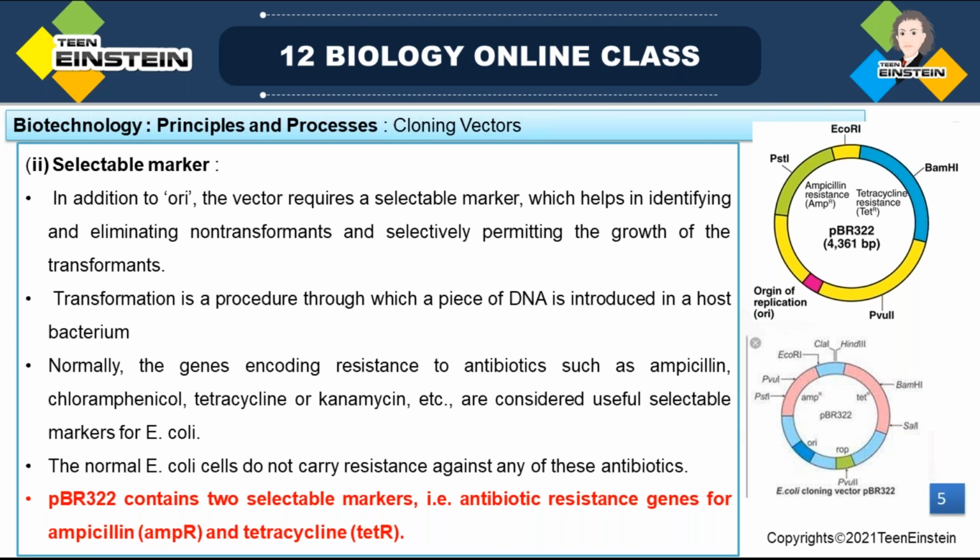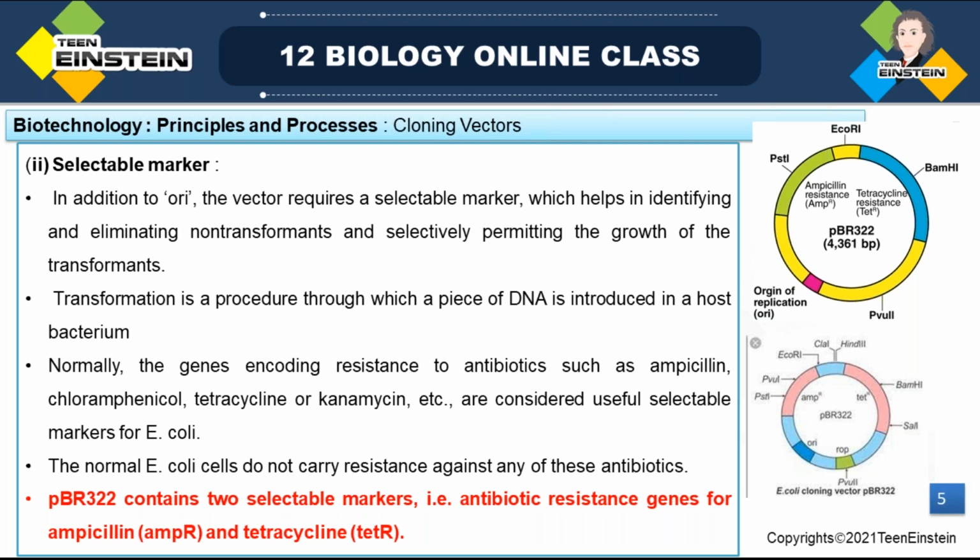That means genes encoding resistance to antibiotics will give resistance against those antibiotics. For example, genes encoding resistance to chloramphenicol, tetracycline and kanamycin are mainly used for selection of antibiotic resistant ones, that means the recombinants, to select the recombinants.